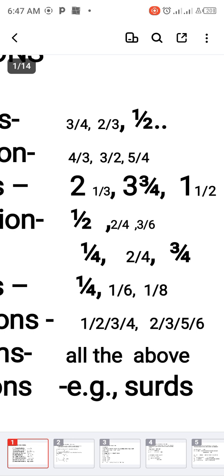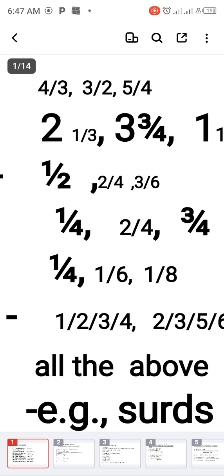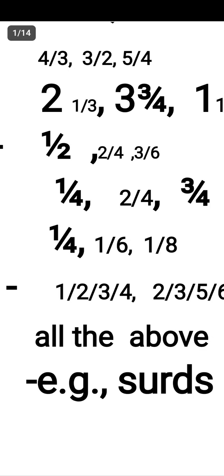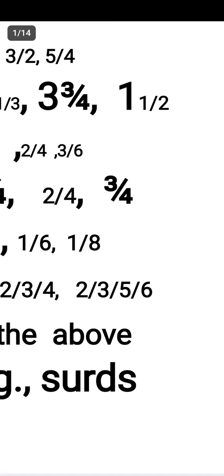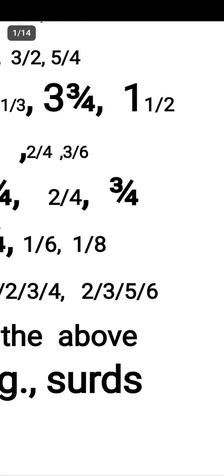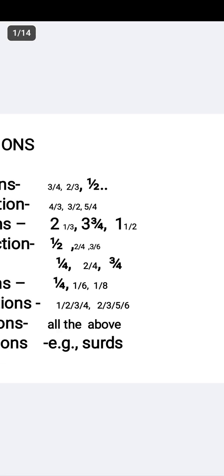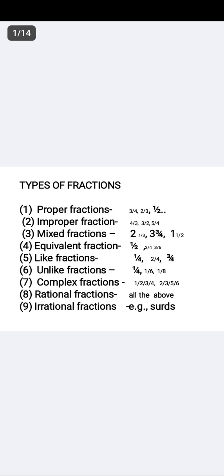So 1 over 2 is a fraction upon another fraction, which is 3 over 4, as can be seen here. 1 over 2 over 3 over 4 is a complex fraction because it is a fraction within a fraction. Another example of a complex fraction is 2 over 3 over 5 over 6. That is also what? A complex fraction. They are fractions that contain other fractions.